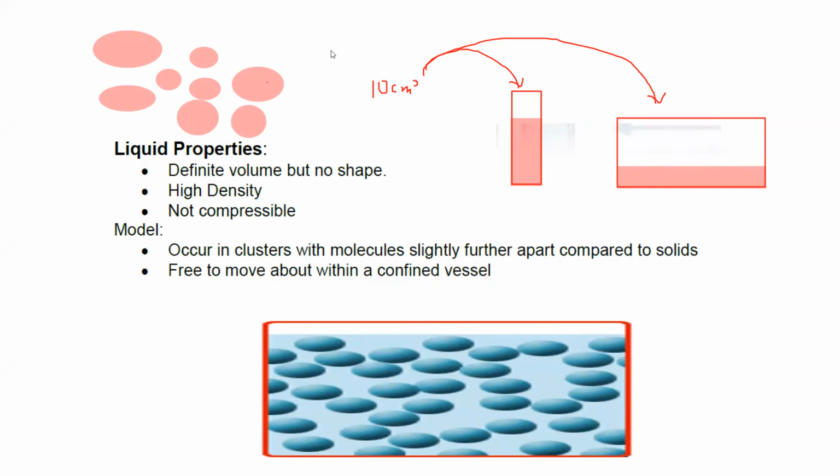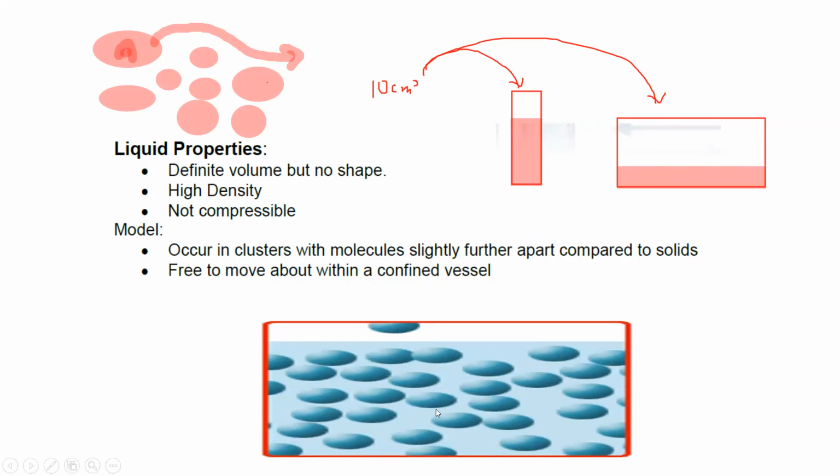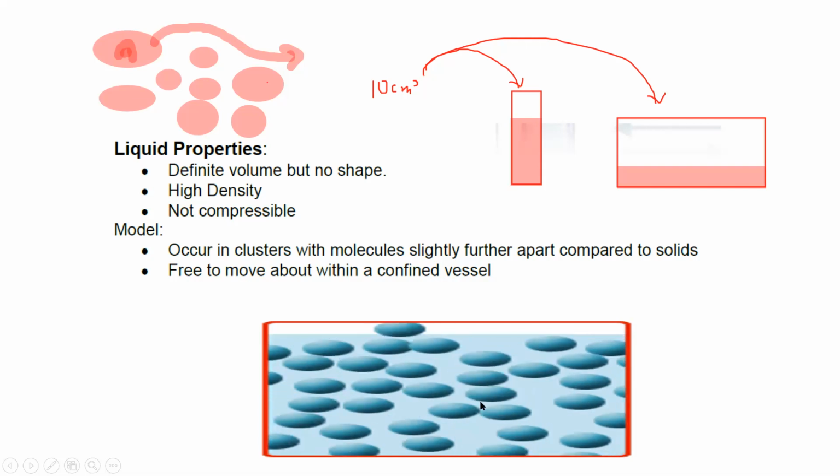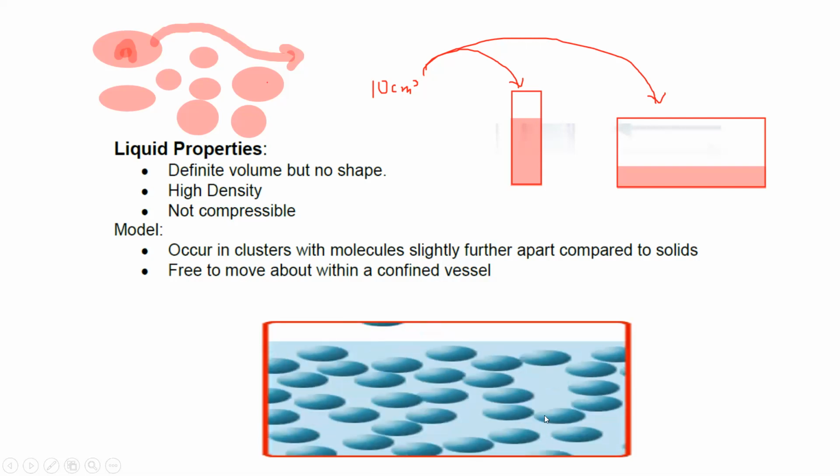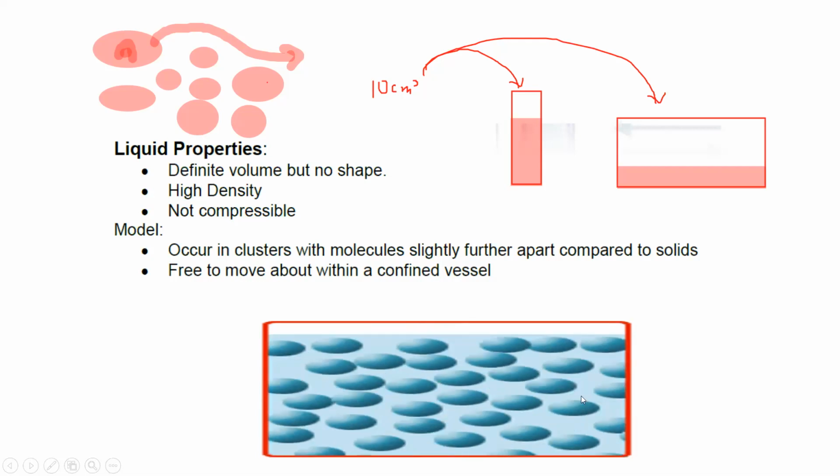But these particles can move around each other. For example, if you have particle A, this particle A can move anywhere within the region, as is clearly visible. The particles are not vibrating at a fixed position, but are able to move from one place to another.